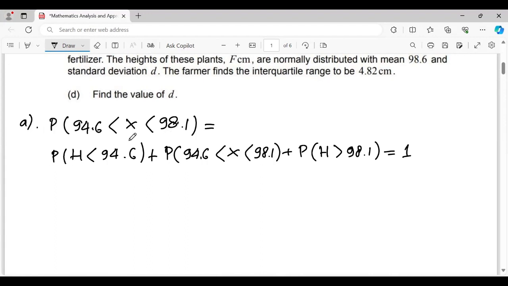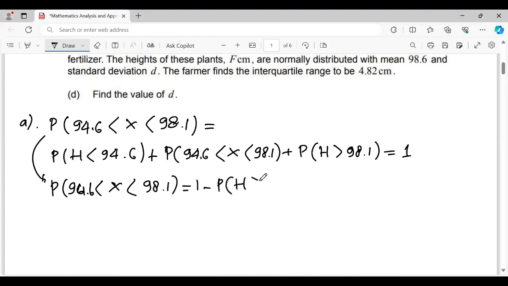So this probability X from 94.6 to 98.1 equals 1 minus probability h less than 94.6 minus probability h greater than 98.1.